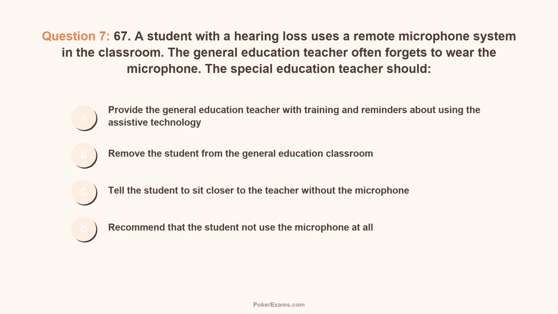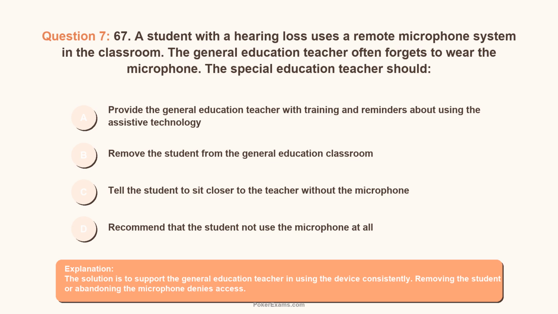Tell the student to sit closer to the teacher without the microphone. Recommend that the student not use the microphone at all. The solution is to support the general education teacher in using the device consistently. Removing the student or abandoning the microphone denies access.